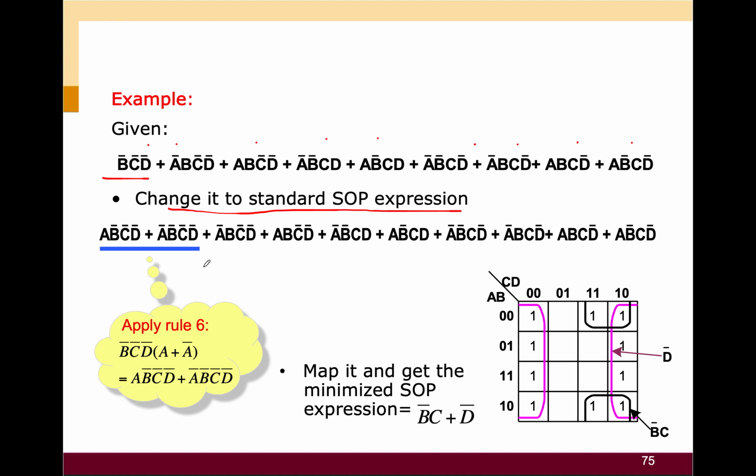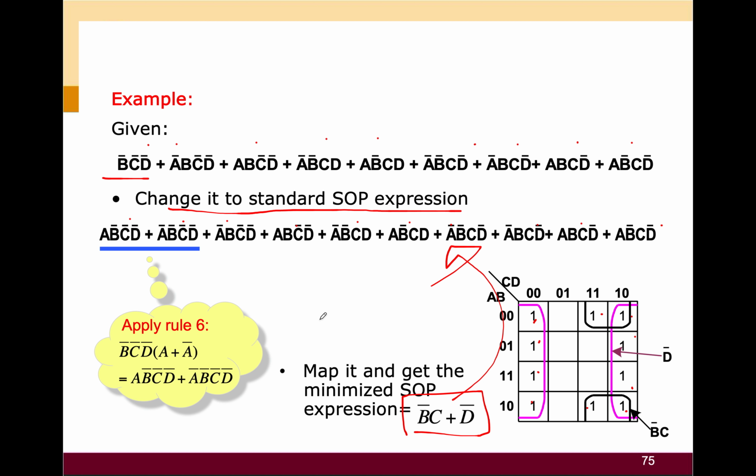And you're going to draw a KMAP from all of these. You see 1, 2, 3, 4, 5, 6, 7, 8, 9, 10. You have 1, 2, 3, 4, 5, 6, 7, 8, 9, 10 after you draw it. And how you're going to simplify it, you will draw and put in the adjacent parts, which will minimize it, and you will get this answer from this long SOP expression.